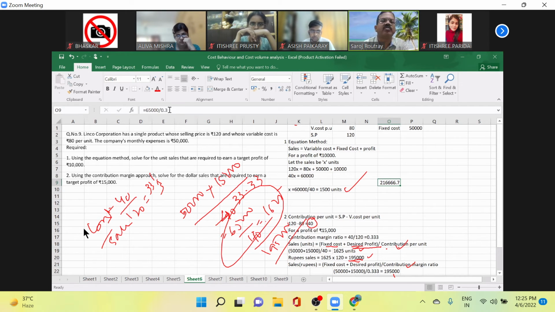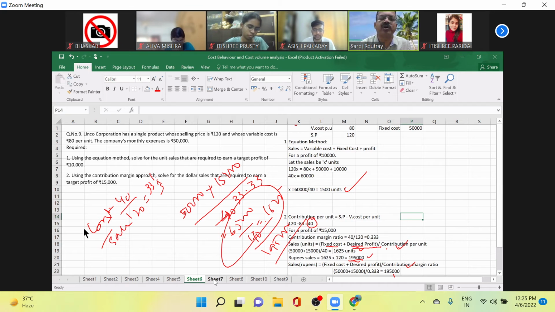If you add 1 point, another 3, you will get this much. Okay, so I will suggest don't take only 0.3 because it is 33, no? So you can take 0.33, at least 2 digits you take. Otherwise, the difference will be very big. Okay, so very simple: equation method and contribution margin method.